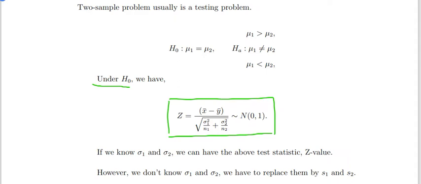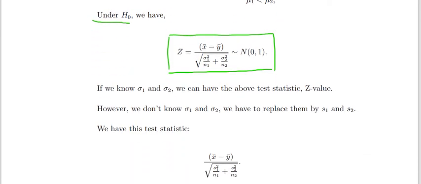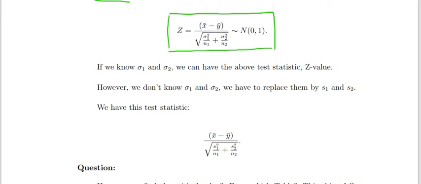But in a real situation we don't know sigma 1, sigma 2, right? So if we don't know sigma, then we just replace sigma by s. So we replace sigma 1, sigma 2 by s1, s2, and we have this test statistic: x bar minus y bar over this.